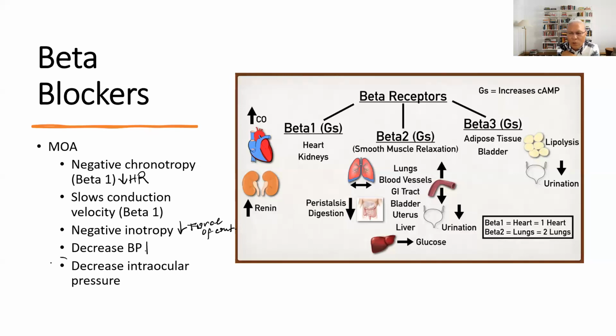And it could also be found in patients who have had eye surgery, for example, or conditions with increased intraocular pressure, such as in glaucoma. So what it does is it decreases intraocular pressures. Okay, so there are other obviously actions of beta blockers, but these are the most common mechanisms of action pertaining to the treatment of hypertension and cardiovascular disease.